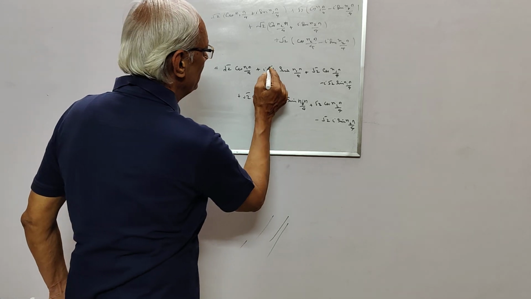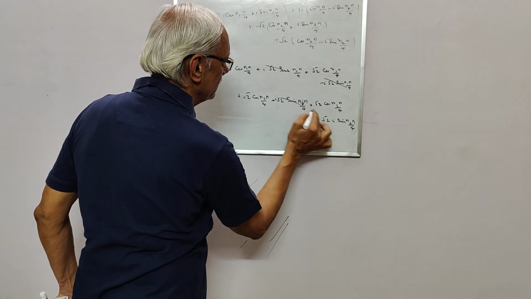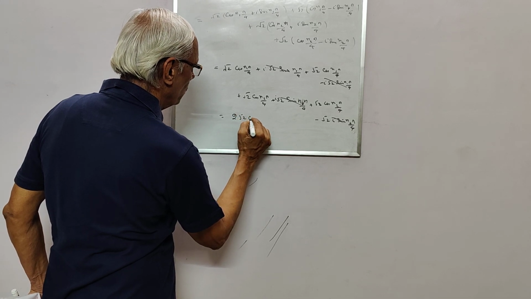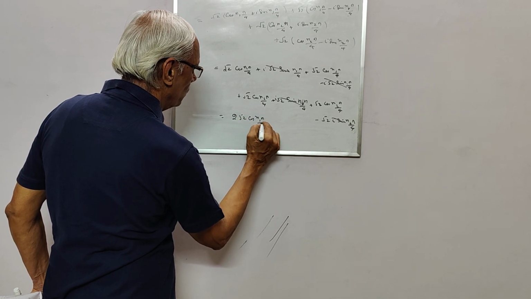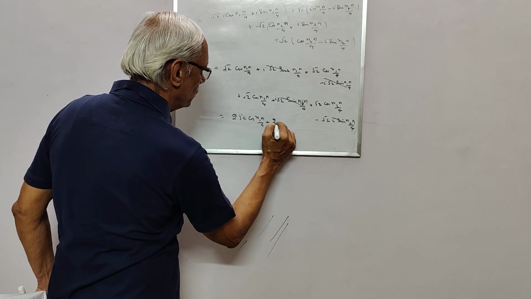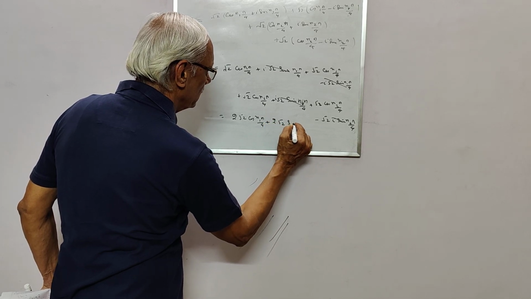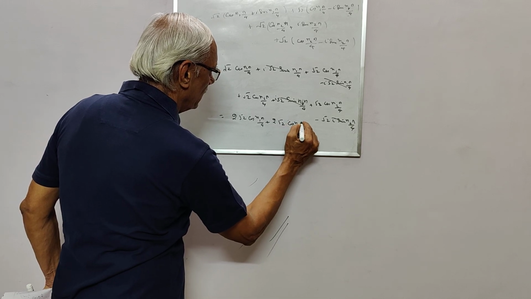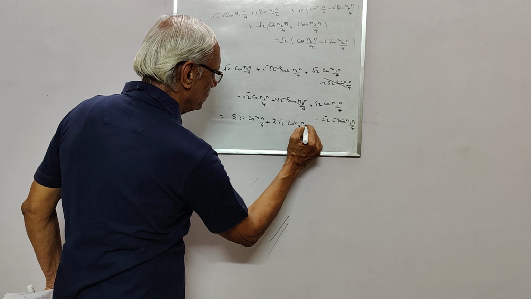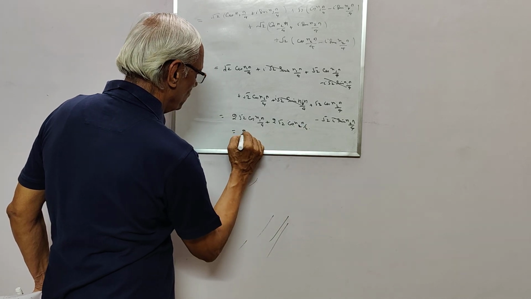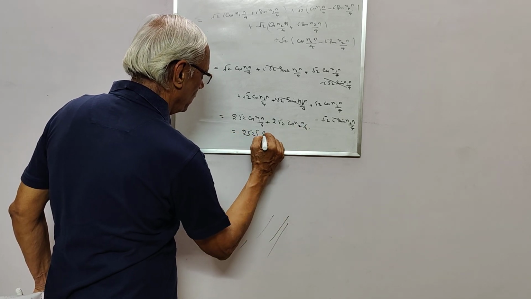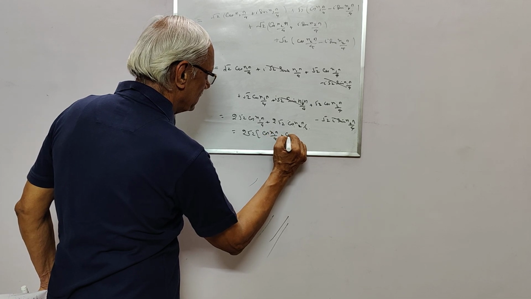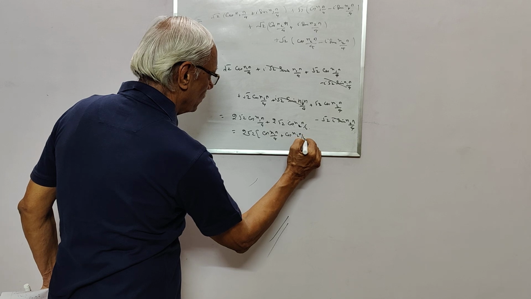So you see that these will get cancelled, leaving you with 2 root 2 cos n1 pi by 4 plus 2 root 2 cos n2 pi by 4. So this is equal to 2 root 2 into (cos n1 pi by 4 plus cos n2 pi by 4).